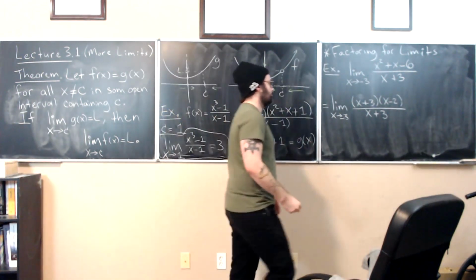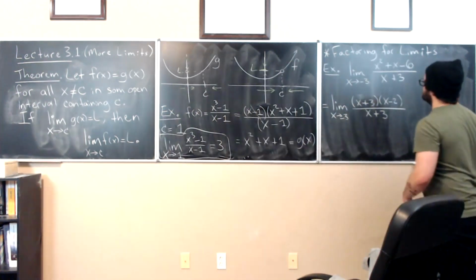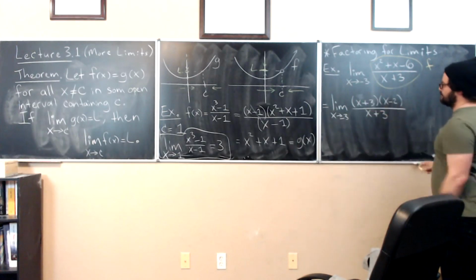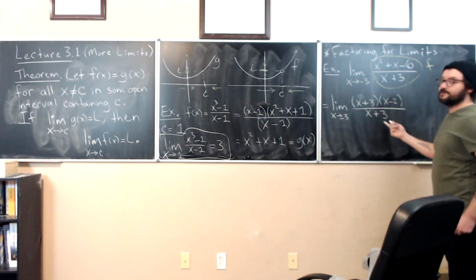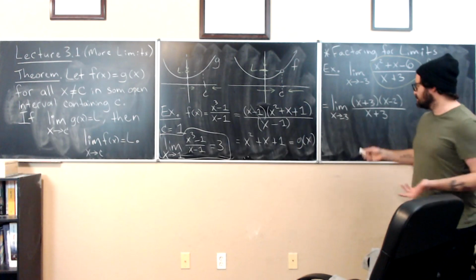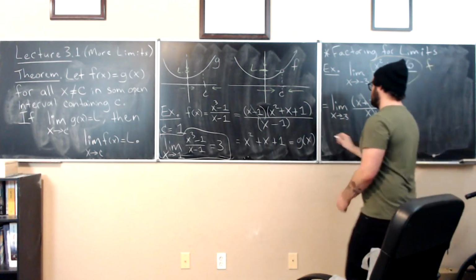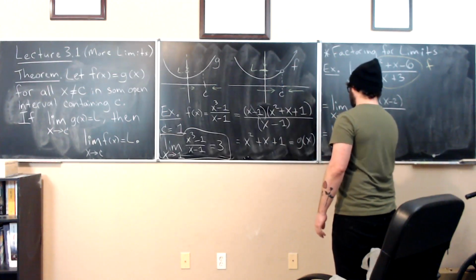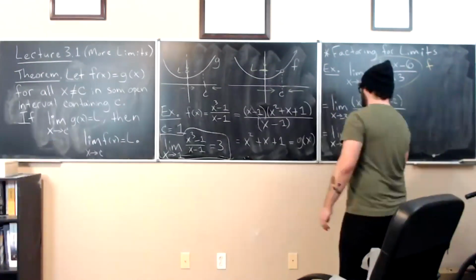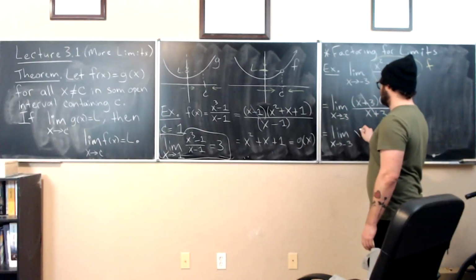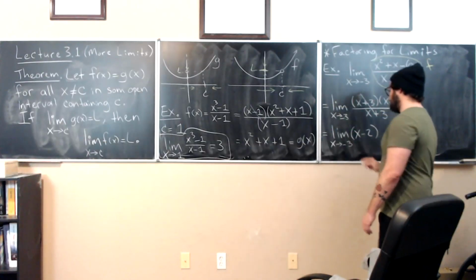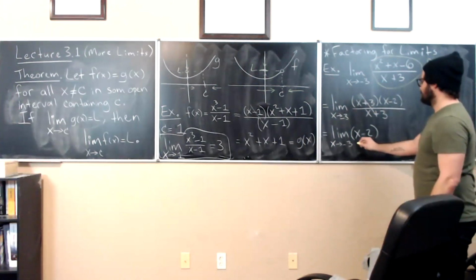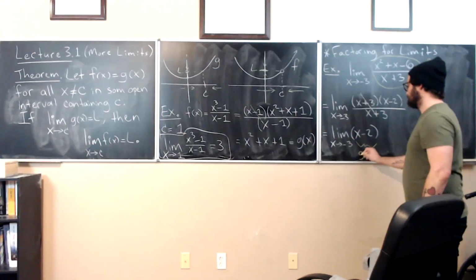So now this piece here would be like our function f in the previous example. And then x plus 3 divided by x plus 3 is just 1. So we have 1 times x minus 2. If we remove that, we get that. This function in the previous example would be like our g of x.